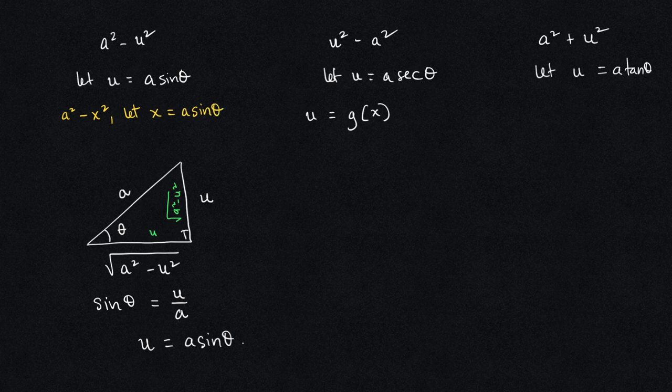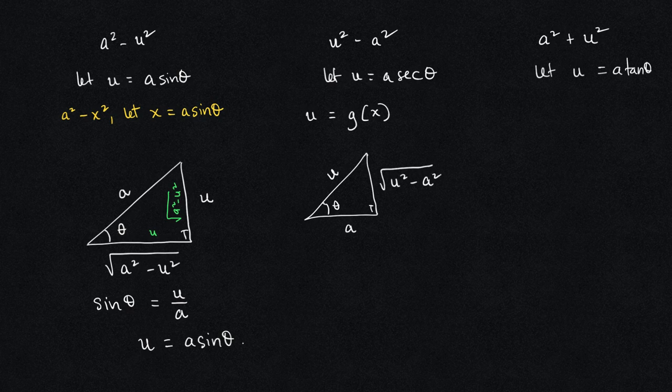Similarly, with u squared minus a squared in the integrand, we draw another right triangle, and we see that if we label one of the angles theta, with u squared minus a squared, u is more than a, and with the Pythagorean theorem, u has to be the hypotenuse, being the longest side. One of the other sides has to be a, and therefore the remaining side is the square root of u squared minus a squared.